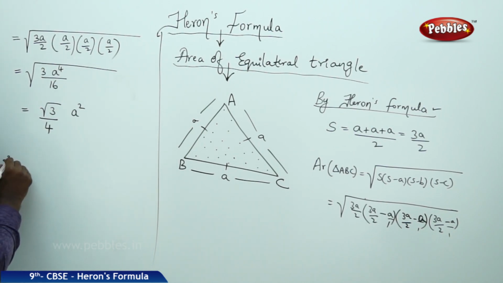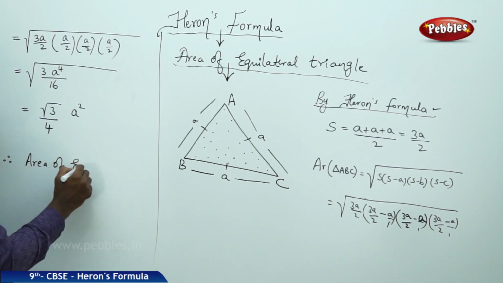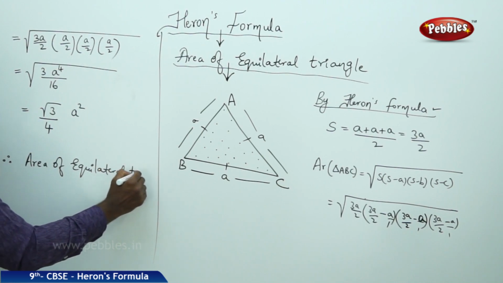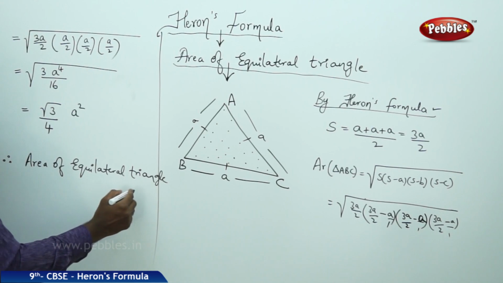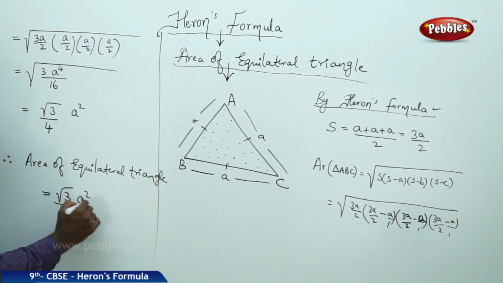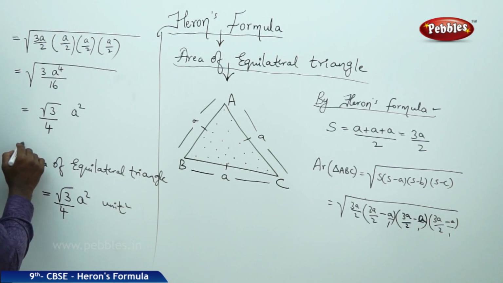Therefore, area of equilateral triangle is always given by the specific formula root 3 by 4 A square unit square.